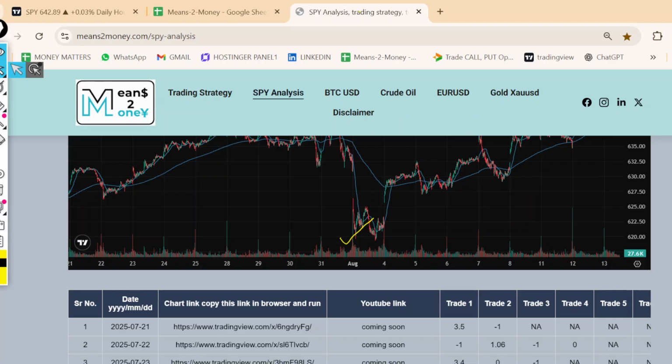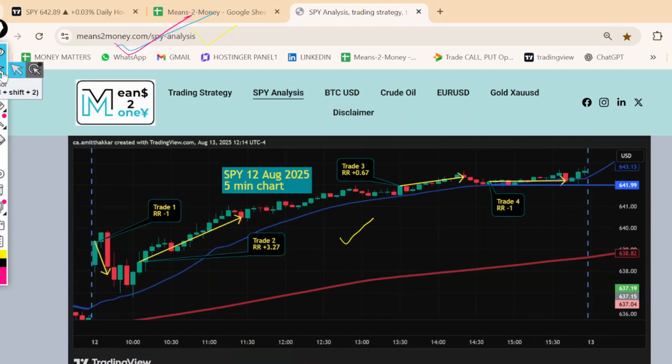You go to means2money.com, and on it, you go to the second page, which is called SPY analysis.